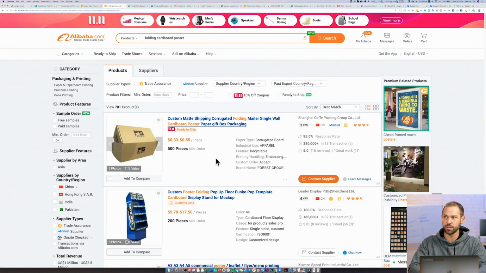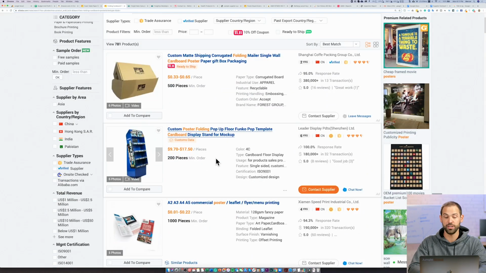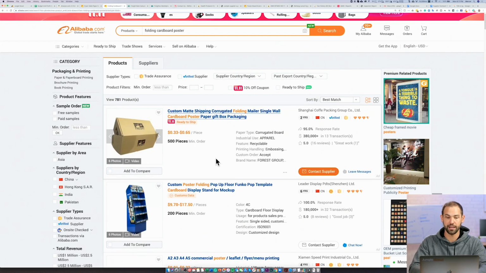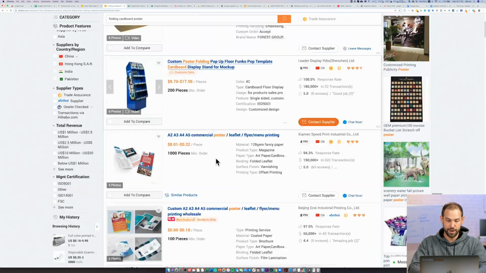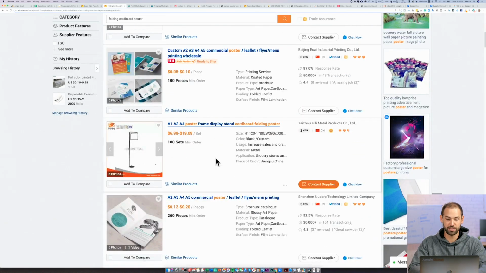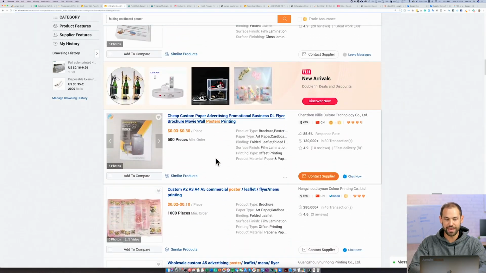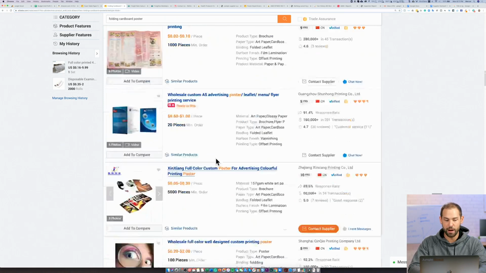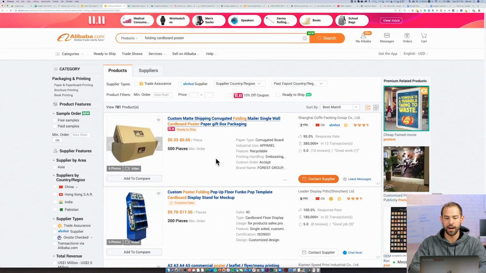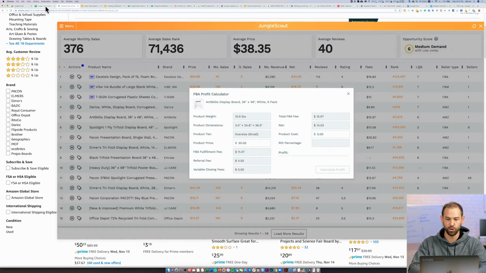Now, this is a product that it's pretty darn difficult to find a comparable product price on Alibaba, but just through browsing, after browsing through here for a few minutes, I'm guessing that it's going to be about 50 cents to maybe $1 to make one of these trifold poster boards.